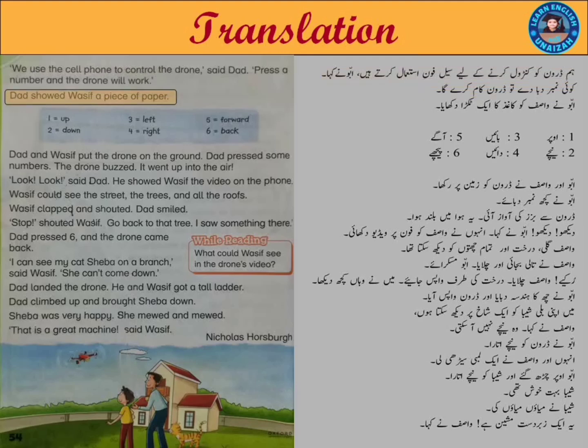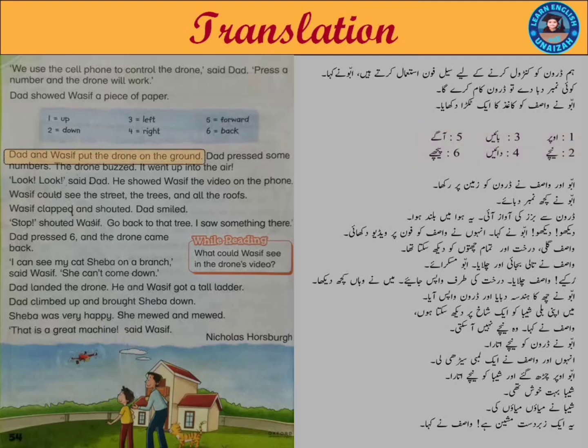Dad showed Wasif a piece of paper. 1 up, 2 down, 3 left, 4 right, 5 forward, 6 backward.